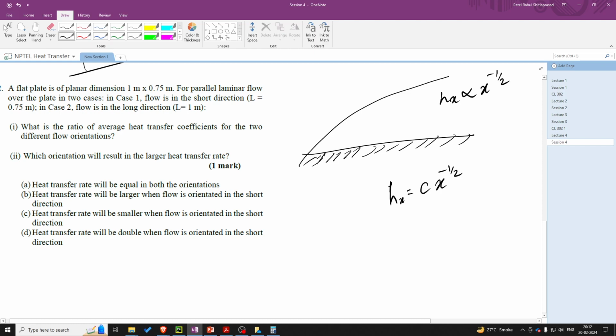So as discussed, in order to find the average heat transfer coefficient, that is h bar L, we have to integrate this over the entire length. So that is nothing but 1 upon L integration from 0 to L Hx dx.